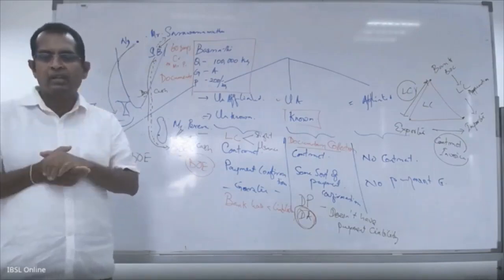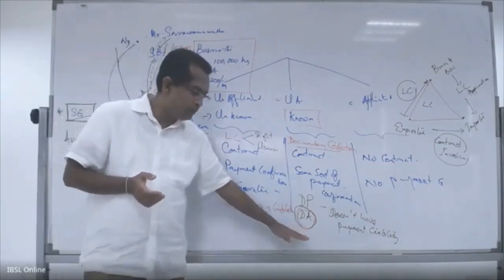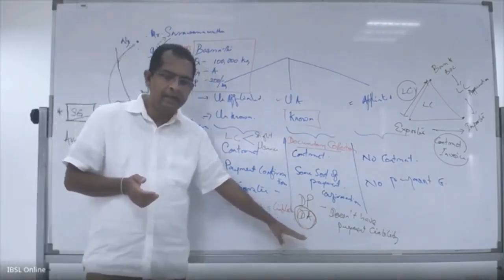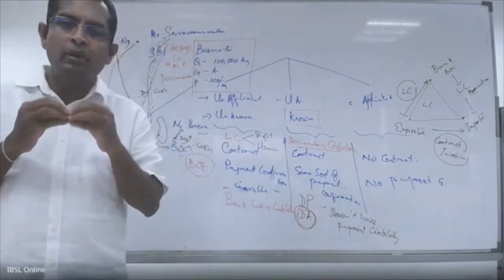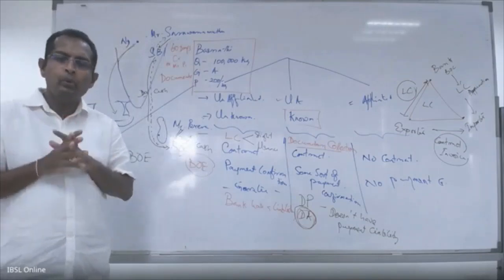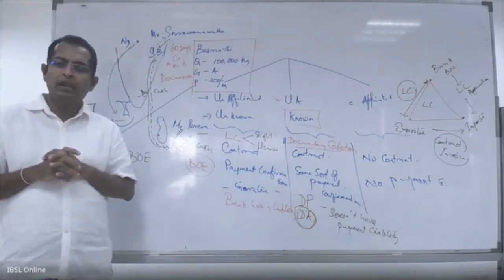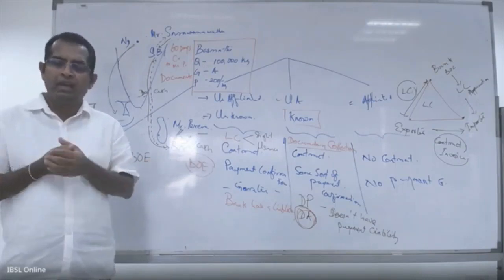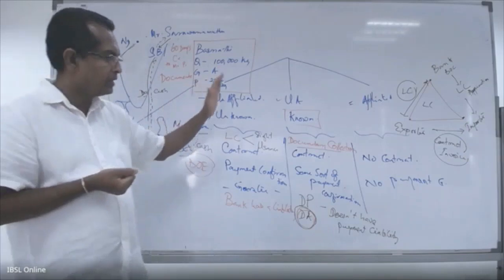That's a reputation risk for a bank. Therefore, we have to be careful when handling DA bills. We handle DA bills only for known trusted customers. Walk-in customers, we don't handle DA. DP, we can handle for walk-in customers. Right? That is the second one.